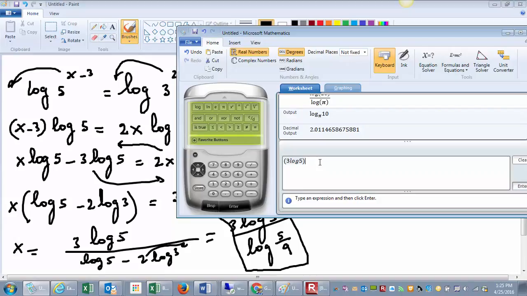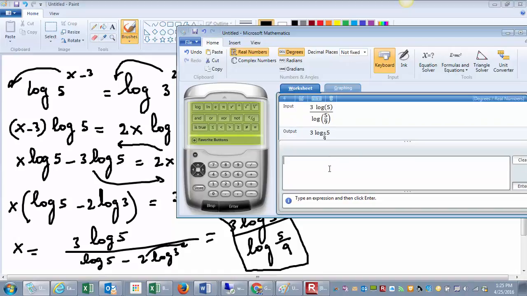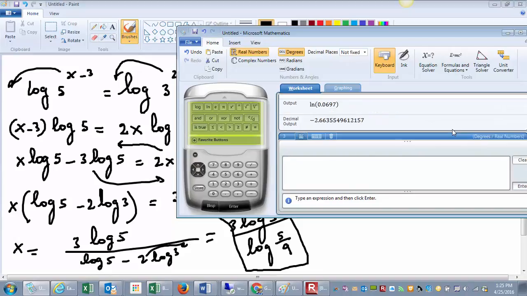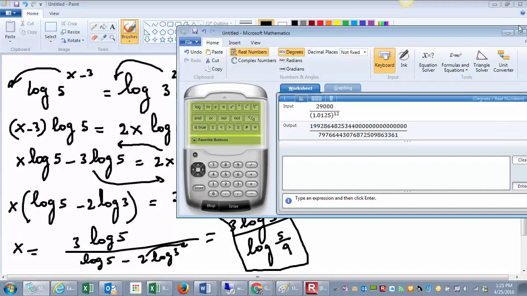So this is going to be divided by log, let's put this inside parentheses, 5 over 9. Okay, this looks much better. And let's see what the answer is.